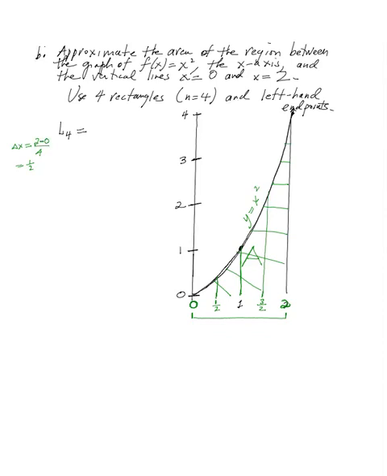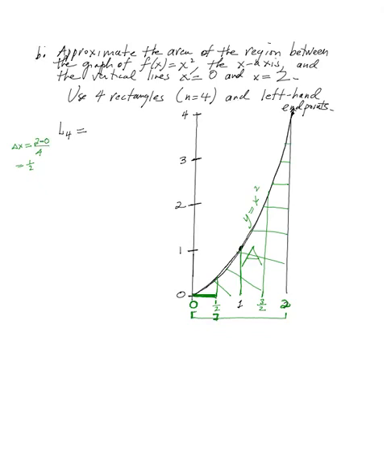So this first subinterval is from 0 to 1/2. The left-hand endpoint is 0. So f of 0, which is 0 squared or 0, by the way, is the height of this first rectangle. This first rectangle is basically non-existent, right? Because it's got a height of 0.